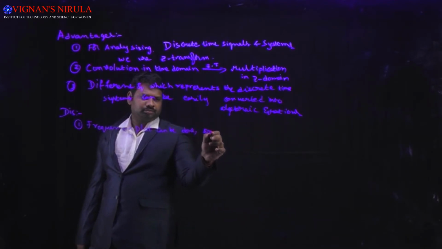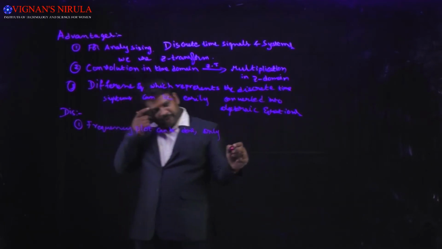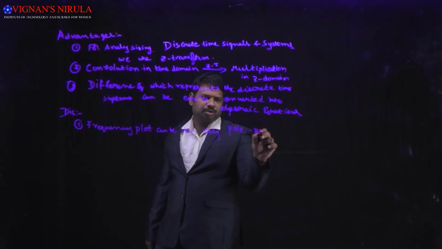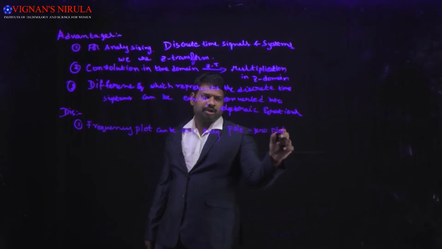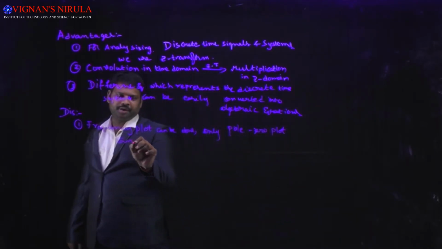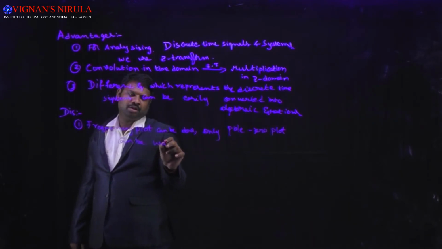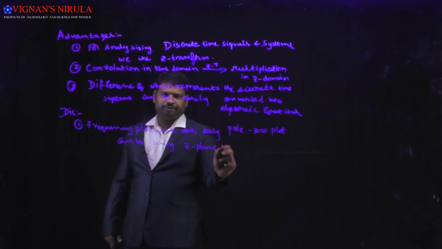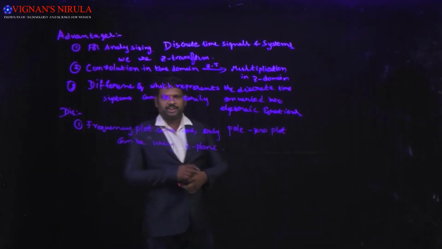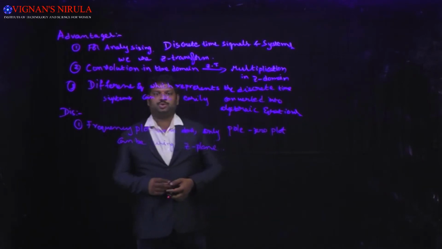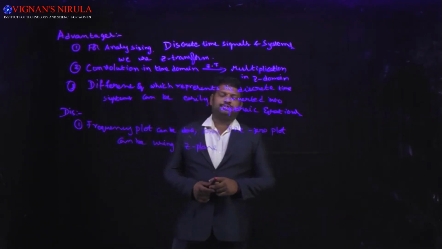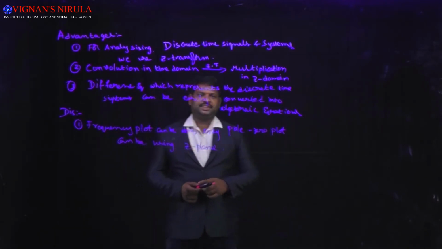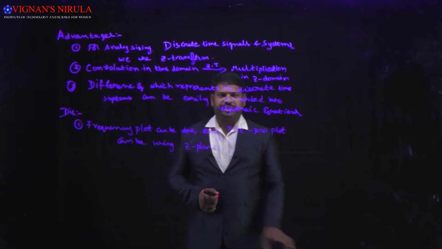Only the pole zero plot can be done using the z plane, whereas the frequency plot cannot be done in Z transforms, just as we cannot get it in the case of Laplace transforms. These are the advantages and disadvantages of Z transforms.